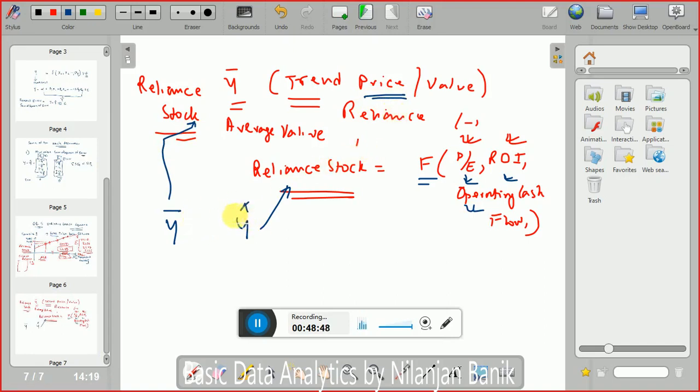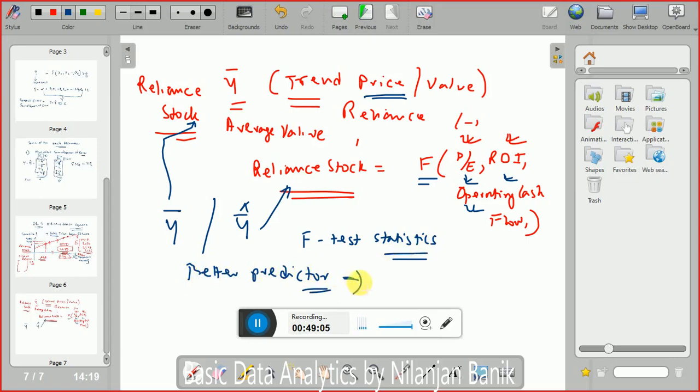Now, whether we should take this or this is something we are going to determine in terms of F-test statistics, meaning which one is a better predictor. Again, what is a better predictor? Better predictor is the one giving me less error.